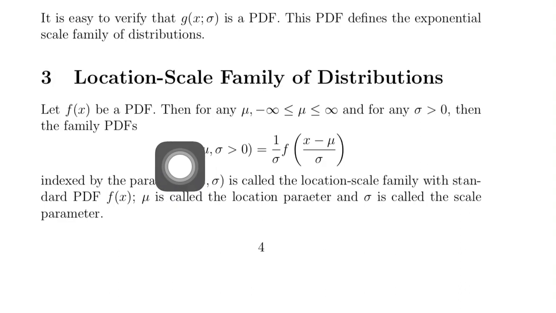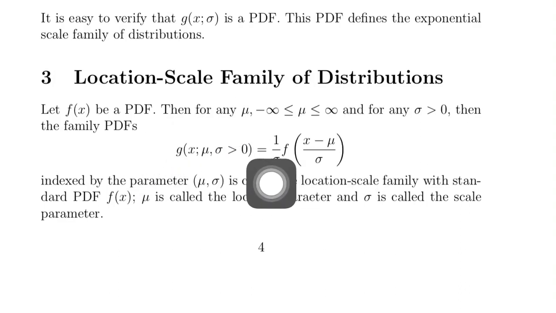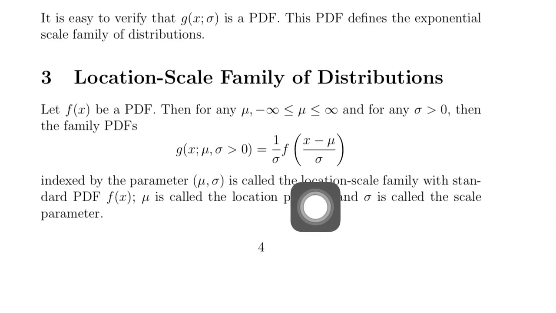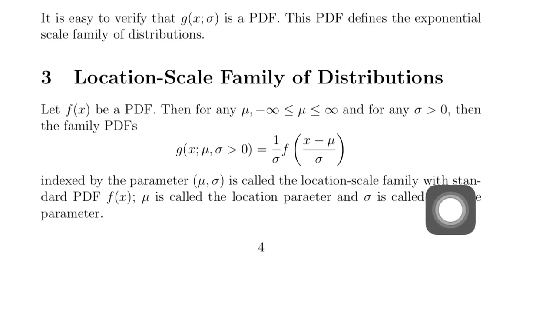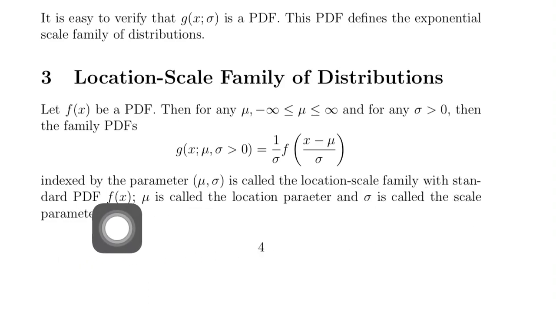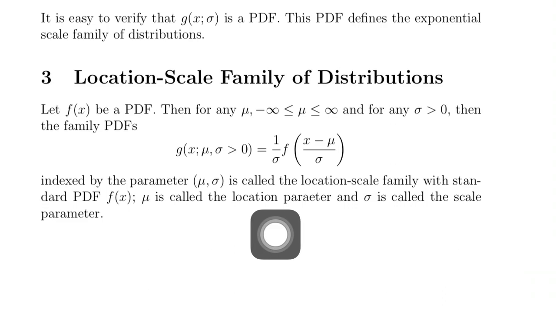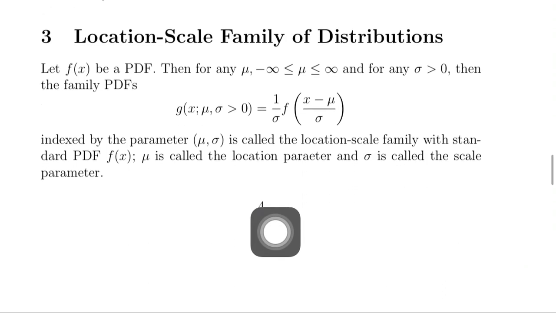Okay, so this is a family of PDF indexed by the parameter mu sigma, and such a family is called location scale family with a standard PDF f of x. Okay, and the parameters mu and sigma are respectively called location and scale parameters.